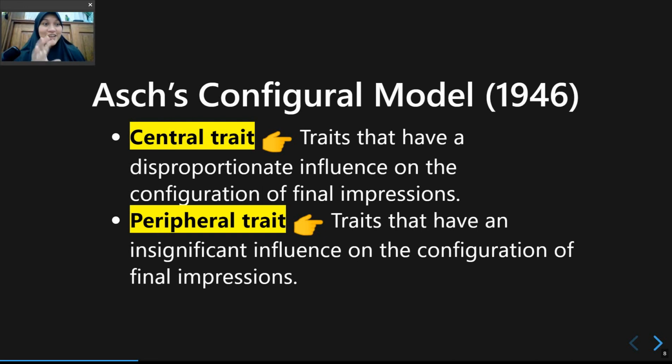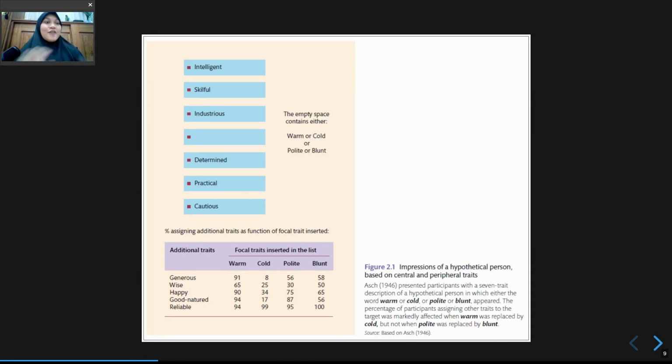So I'm going to show you how Asch came to this conclusion by explaining his study about the configural model. Basically, he had 4 different groups of people, and those 4 groups would be given a completely same set of characteristics of somebody, but there was a blank box where he would fill in different adjectives according to the groups.